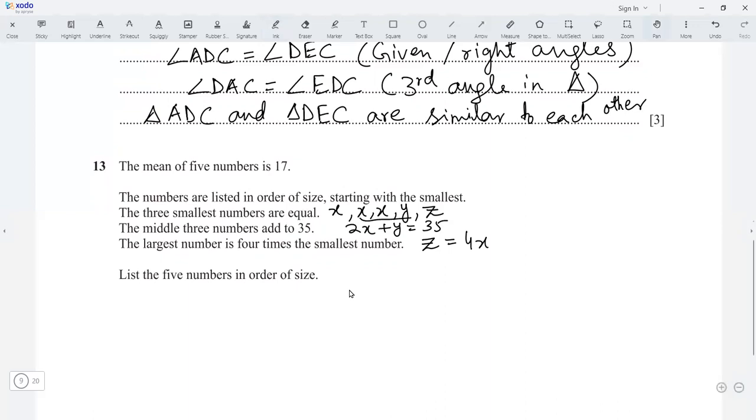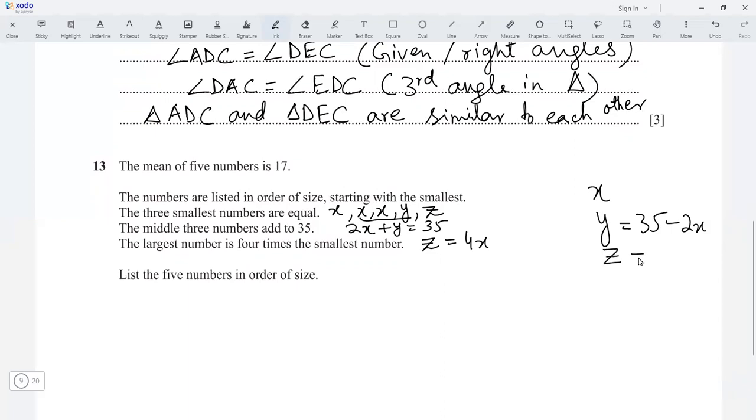All of the numbers must be expressed in terms of one variable. Then we can do this question easily, otherwise it will be having a problem. Like x can be represented as x, no issues in that. But what about y? Bringing that 2x onto the other side, it will be 35 minus 2x. So we have represented y in terms of x.